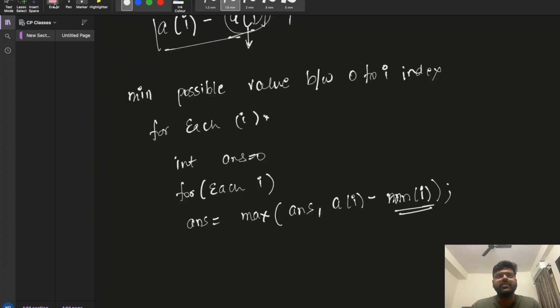So this could have been a simple approach that we could have used. Now the question is, how do we find this particular value?